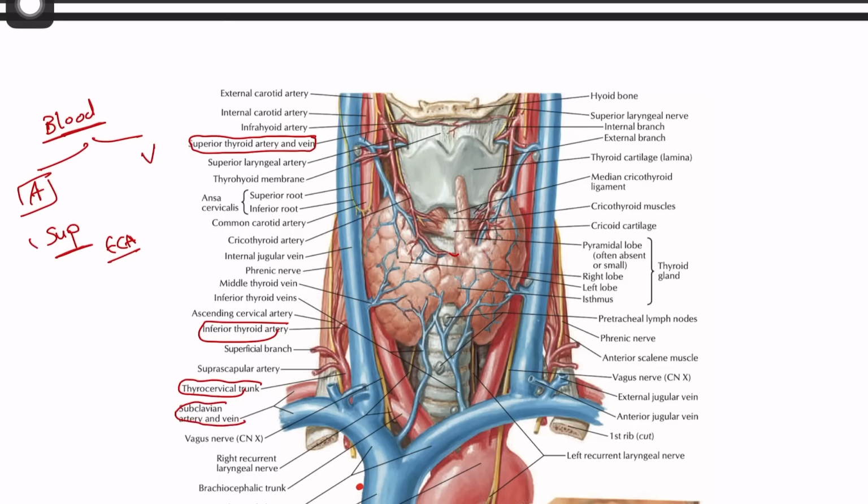So the inferior thyroid artery is a branch from the thyrocervical trunk, which is a branch from the subclavian artery on both sides. So this is the arterial supply.